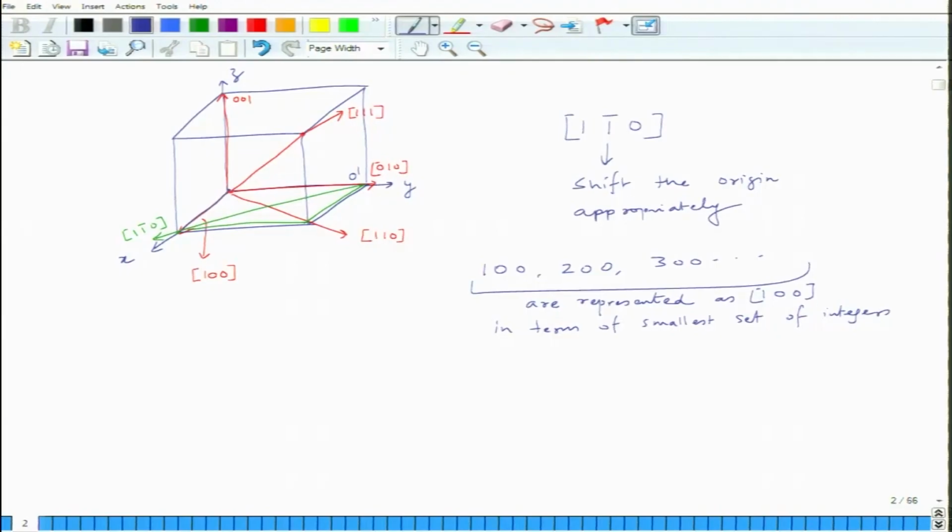So I'll just do one more example. Let me now draw one direction, so let's say this is AB direction. What is the indices of AB direction?